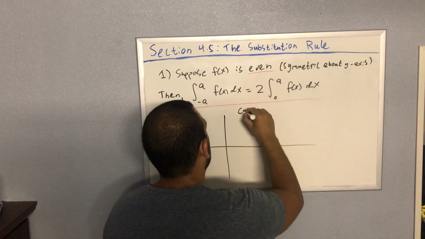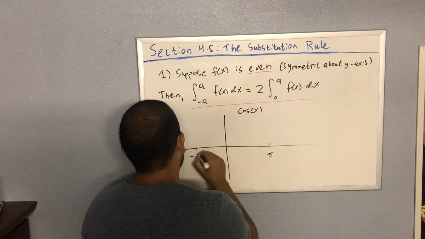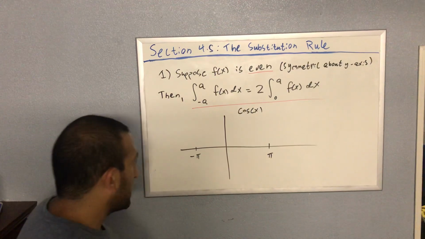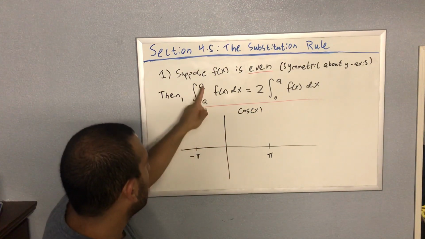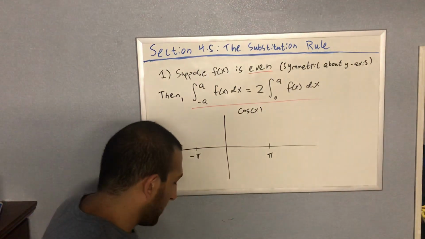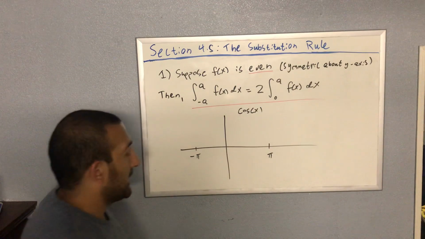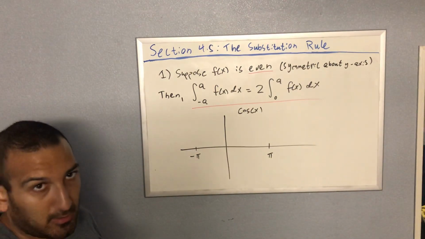So let's look at cosine x from negative pi to pi. So these two numbers have to be the same. That's negative a and a. One is just the negative of the other. And since cosine is an even function, we know it's symmetric about the y-axis, right?